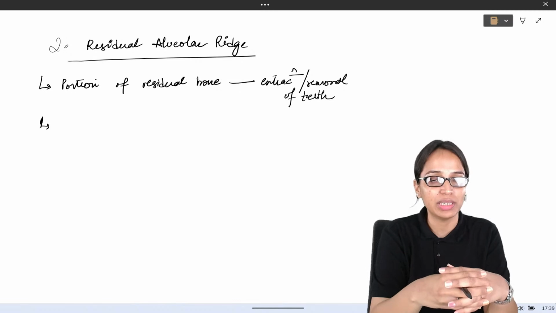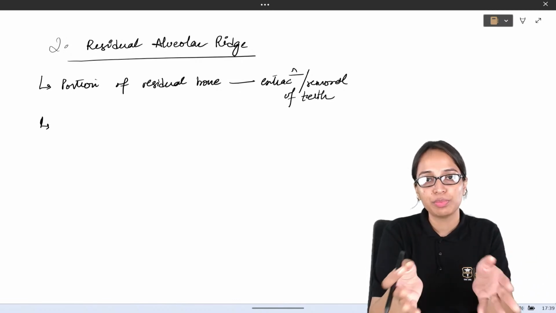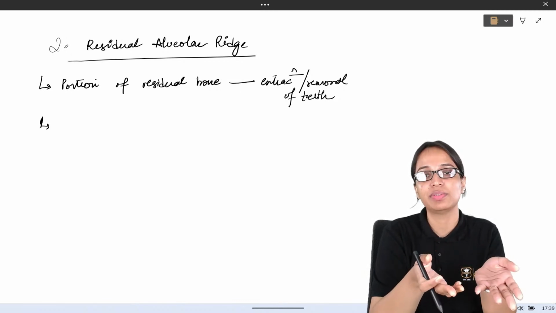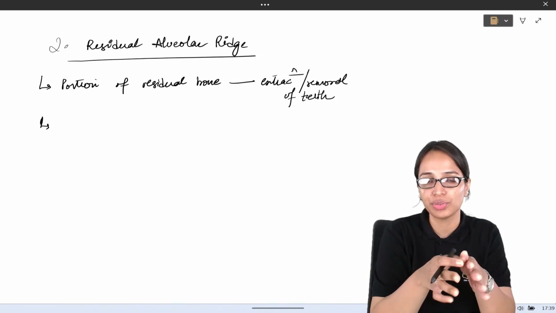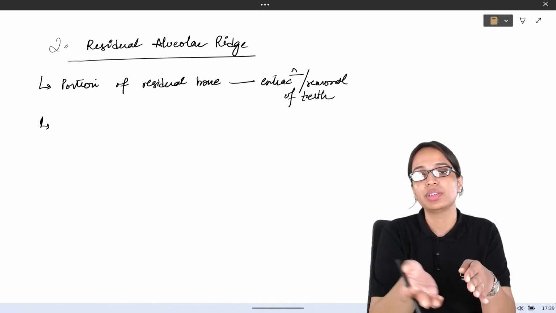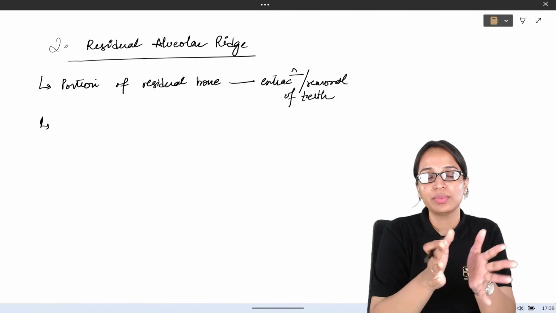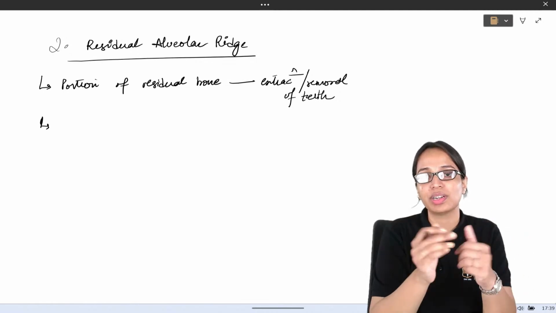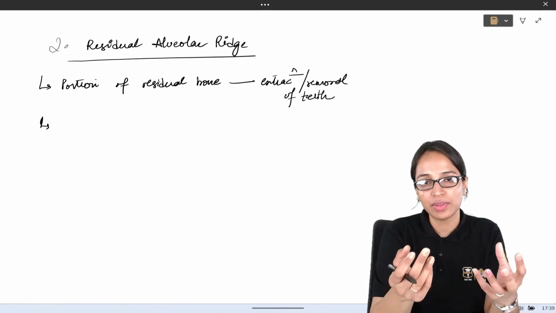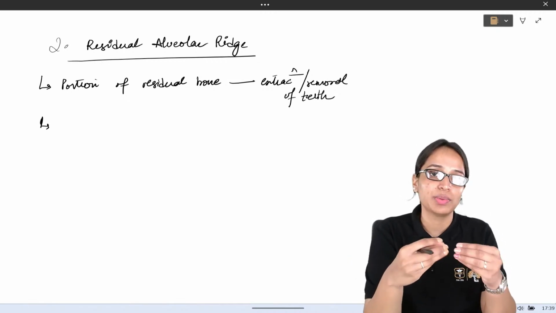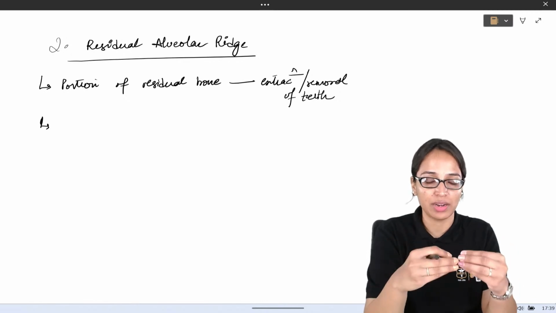We will not go into details of it, through which bone remodeling occurs. The socket is filled with a blood clot that is eventually filled with osteoid tissue that undergoes mineralization, and over a period of time you see soft tissue covering it. Now this particular ridge that is formed in the mouth is called an alveolar ridge, and because it remains after removal of the teeth, it is also called the residual alveolar ridge.